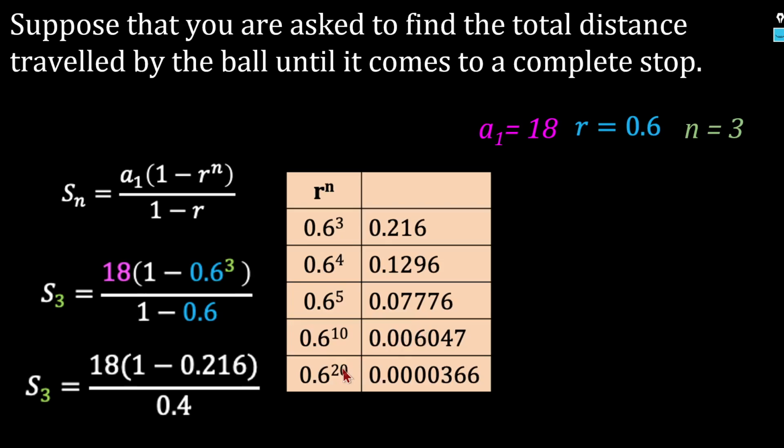If you increase n sufficiently large enough, the value that it corresponds to, r raised to n, will be negligible. Tignan habang tumataas ang n, paliit yung value ng r raised to n. If you imagine 0.6 to the 100th power, most likely it will look like 0.0000, sobrang daming zeros until something.